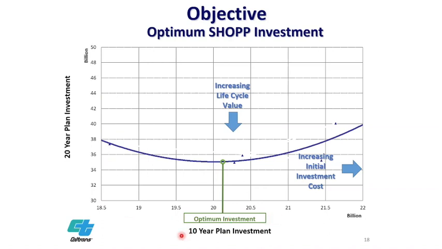Because if in your 10-year plan process you invest a lot more, that means a lot of your pavement is getting thick overlay or medium overlay, and you are not doing much preventive treatment. That means in your 10-year plan you really spend a lot more dollars, like this point represents. At this point, if in your 10-year plan you invest a lot more, in your 20-year plan you also need a lot more money, okay?